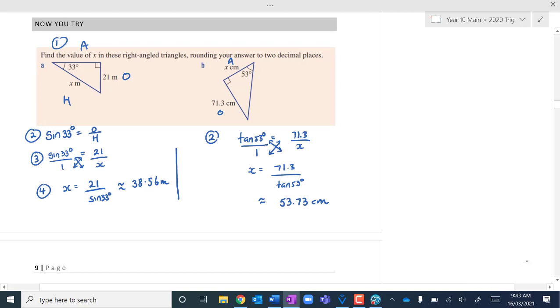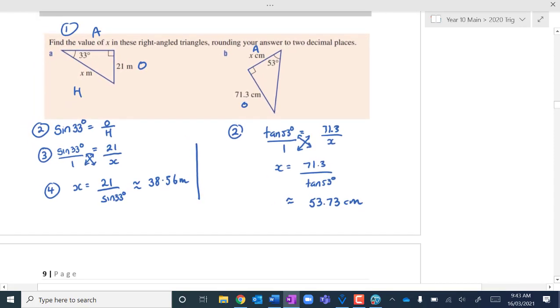All right, so if you've been watching on YouTube, there's my answers there. Feel free to pause it. Hopefully you got the same. Step 1, let's label the triangle. If you can't do that, good luck. Step 2, write out what our trig function is. SOH CAH TOA. If I've got the opposite and the hypotenuse, I'm using sine.